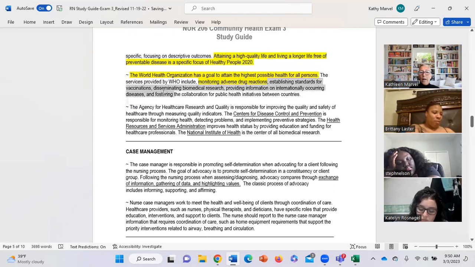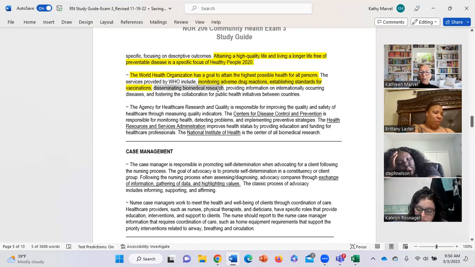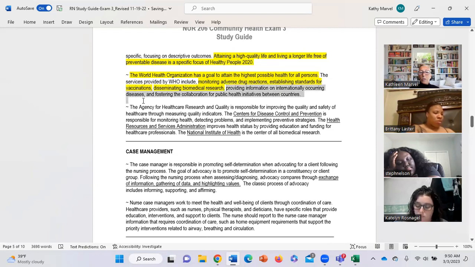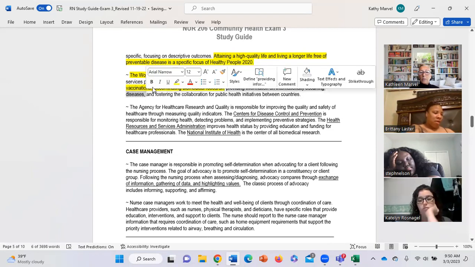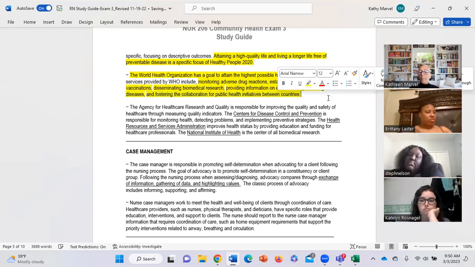Establishing standards for vaccinations is two. Disseminating biomedical research is three. Providing information on internationally occurring diseases. And then fostering the collaboration for public health initiatives through countries. So if you get a question about World Health Organization, that's really the only international health organization we talk about in this class. So know what their services are.